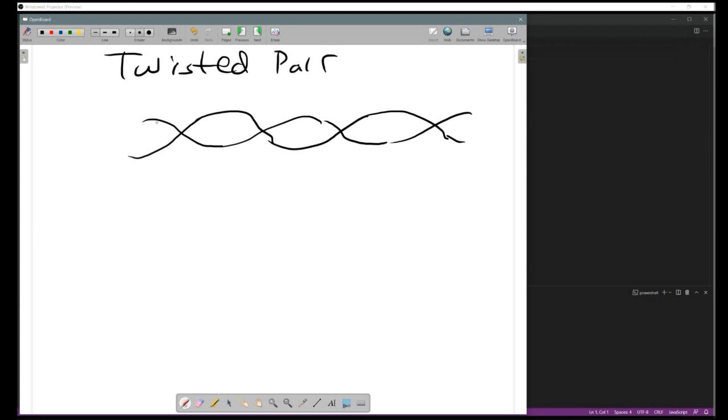In this twisted pair, the data flows in the reverse direction, so they have these inverse signals.